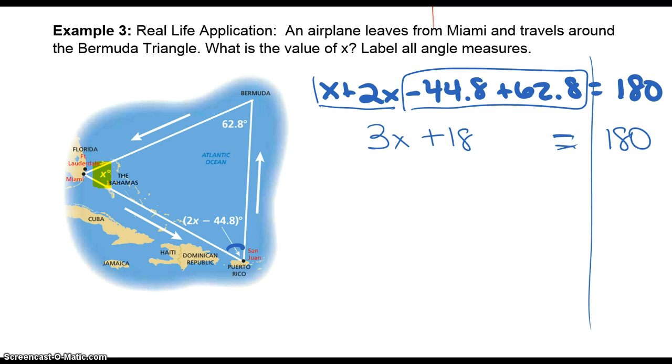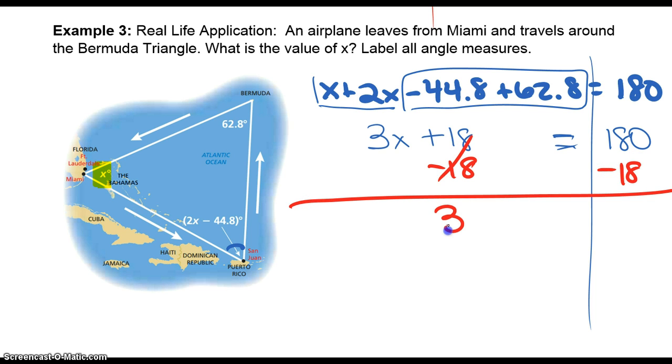Go ahead and subtract 18 from both sides. 3x equals 162. 3 times what is 162? So I divide both sides by 3, and x equals 54.